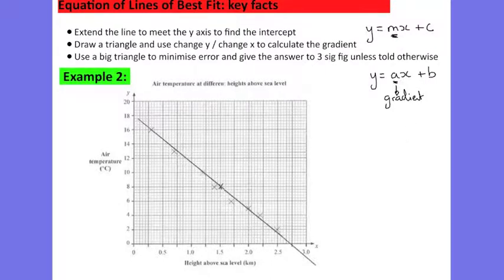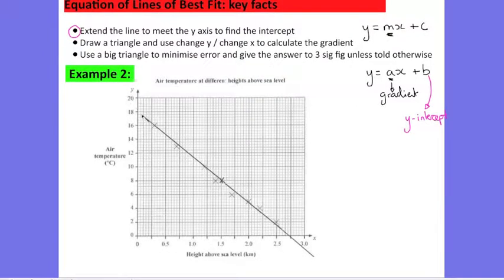B is the intercept, just as c is the intercept in y equals mx plus c. Crucially, it is the y-intercept, where the line of best fit crosses the y-axis. This is why point 1 is important: we can see here that it doesn't cross, so we are going to need to extend our line in the same way, so it crosses the y-axis.